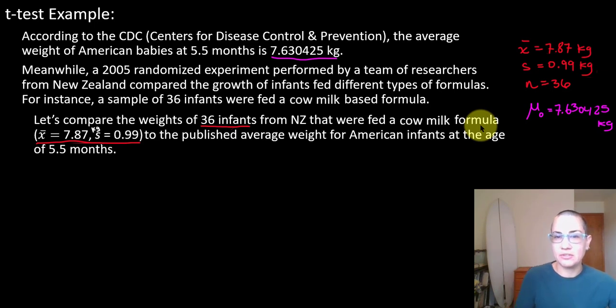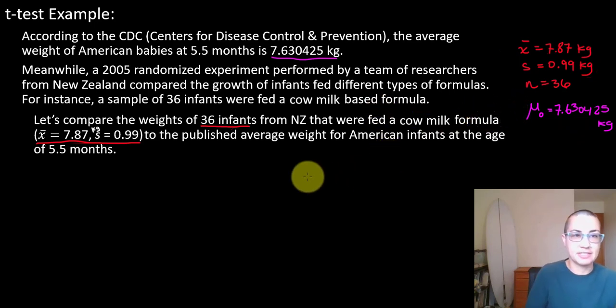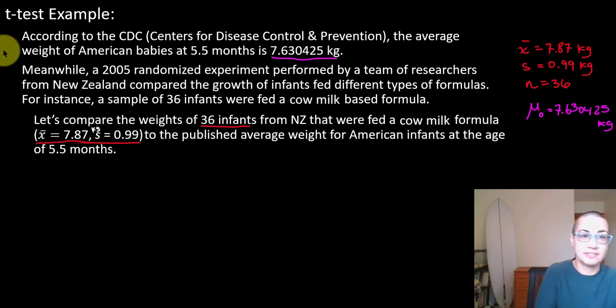Before we get into the testing procedure here, let's consider what type of information we've got. The variable of interest for this example is, well, what was measured, what was observed in each of the 36 infants, right? The random variable here is their weight at 5.5 months.